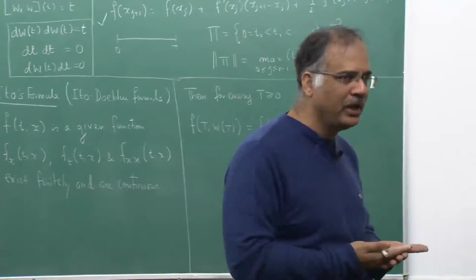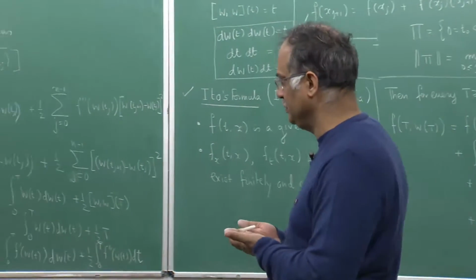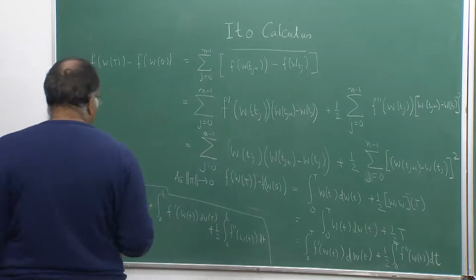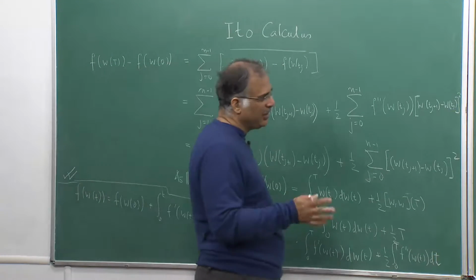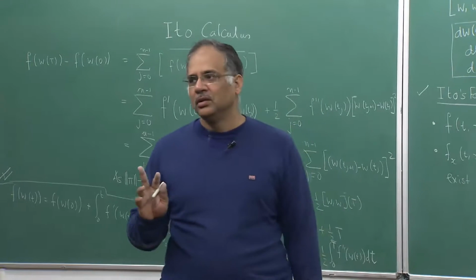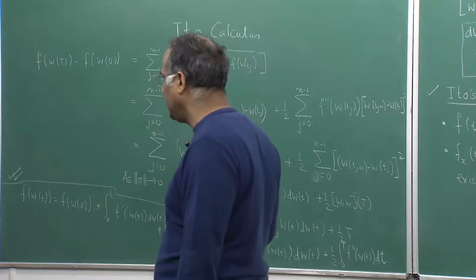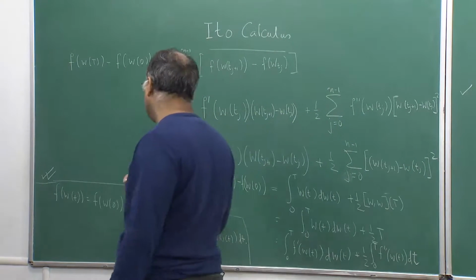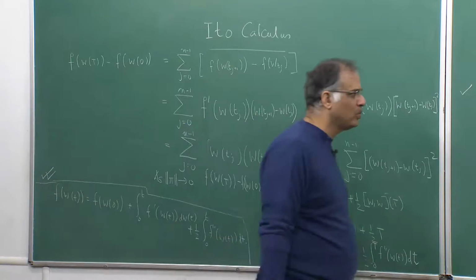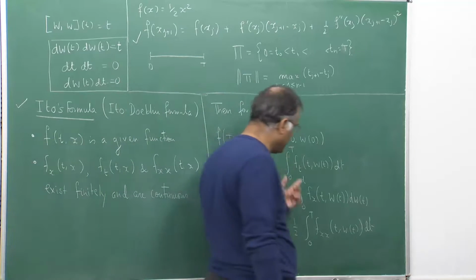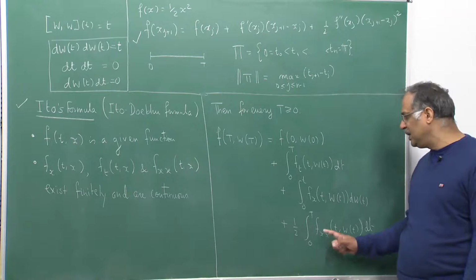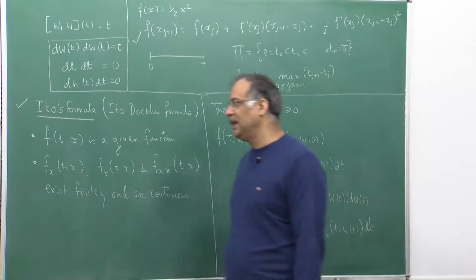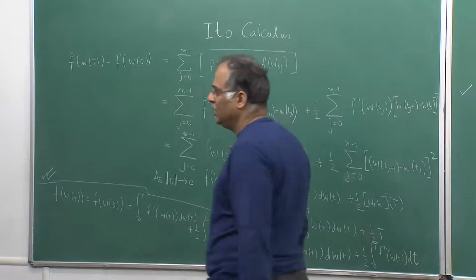So, you cannot define the differential of a Brownian motion, so you cannot define something like W_t into dW_t. What you can define is a stochastic integral, and that is the key. We are essentially talking about stochastic integrals. So, in Ito's formula, what you see in this Taylor's expansion is not written in terms of derivatives, but in terms of integrals, and that is the key idea that you really have to remember if you want to make progress.